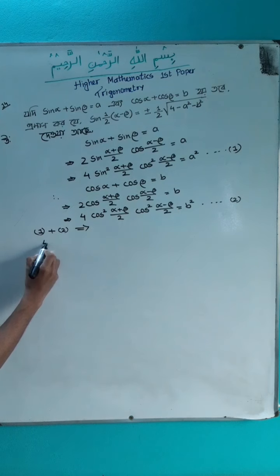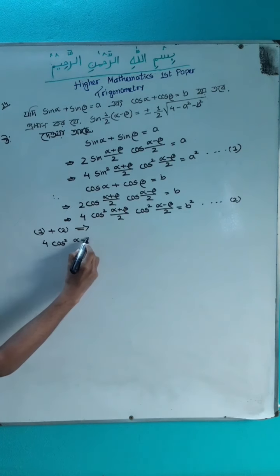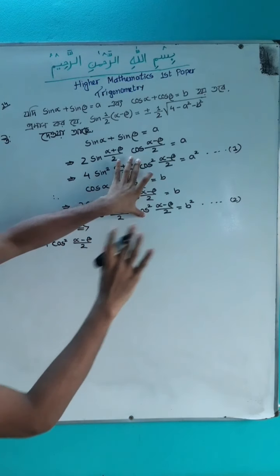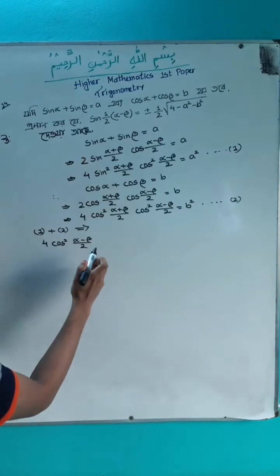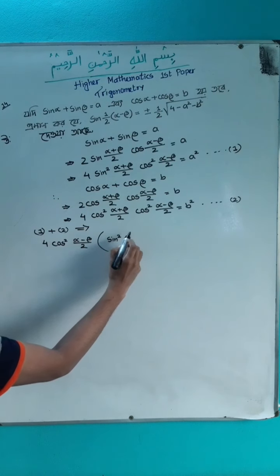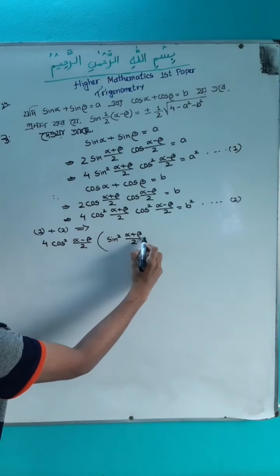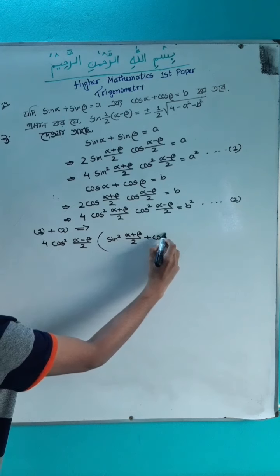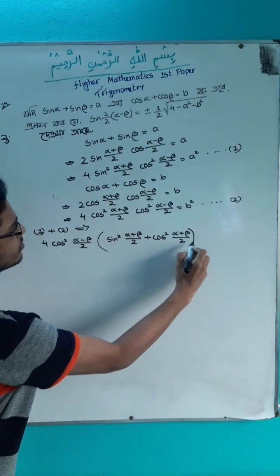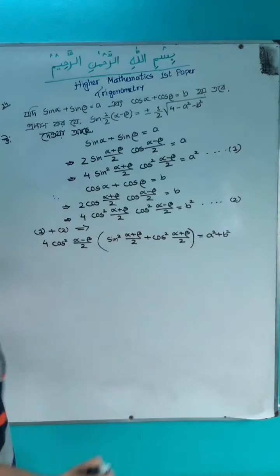We take 4 cos square (alpha minus beta) divided by 2 as common. Then we write sin square (alpha plus beta) divided by 2 plus cos square (alpha plus beta) divided by 2 equals A square plus B square.